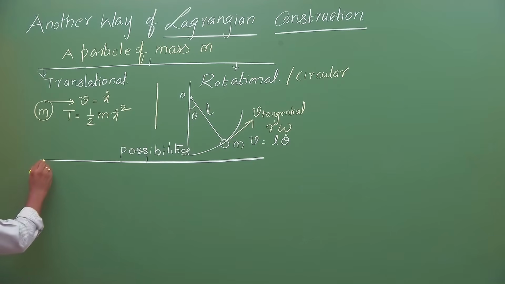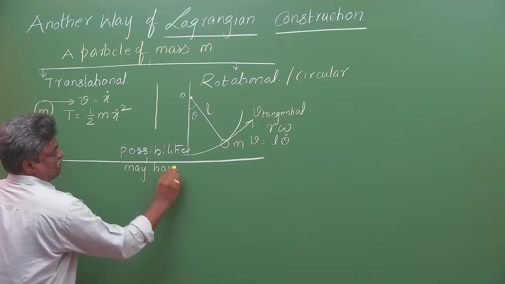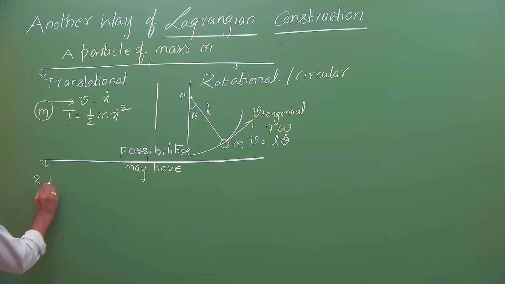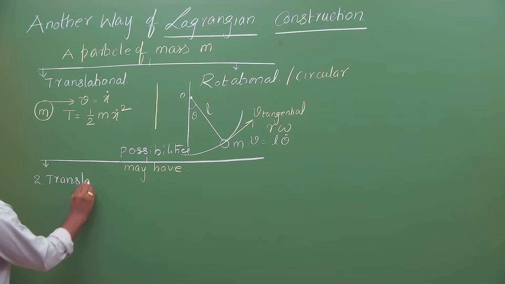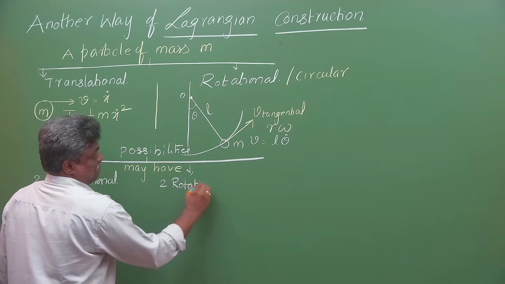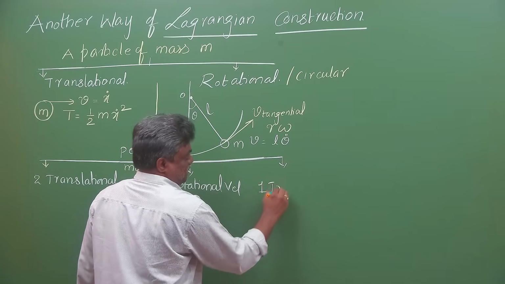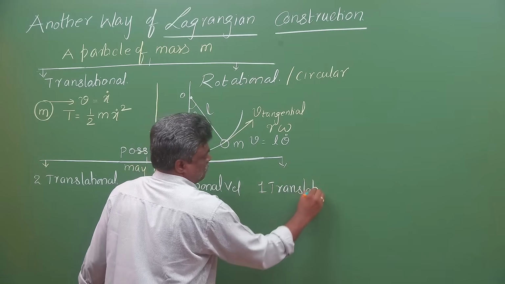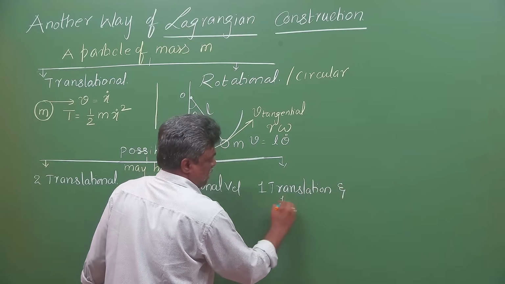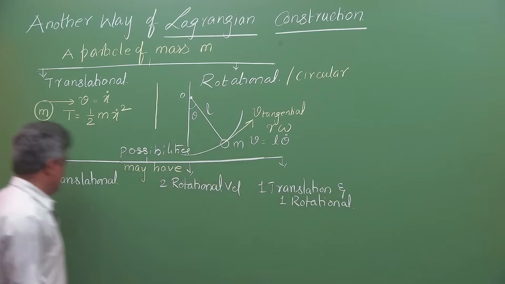The particle may have two translational velocities, or two rotational velocities, or one translational and one rotational.